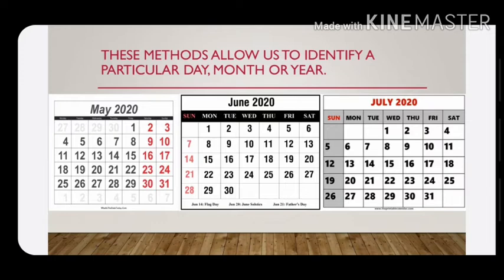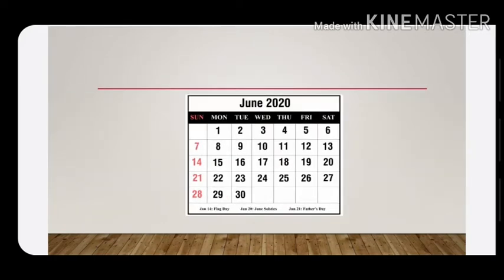For example, if it is June, then we know that the earlier month was May and the next one will be July. If today is the 10th of June, then we can tell that tomorrow will be the 11th of June and yesterday was the 9th of June. Thus, when we measure time, we actually measure its length.